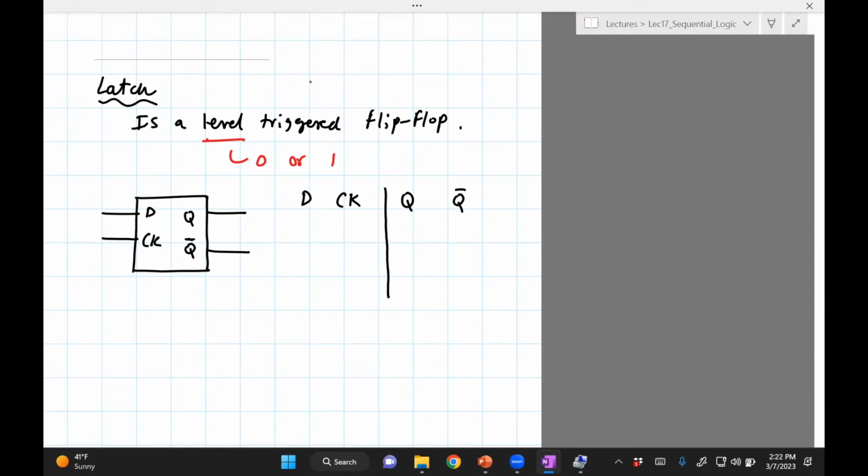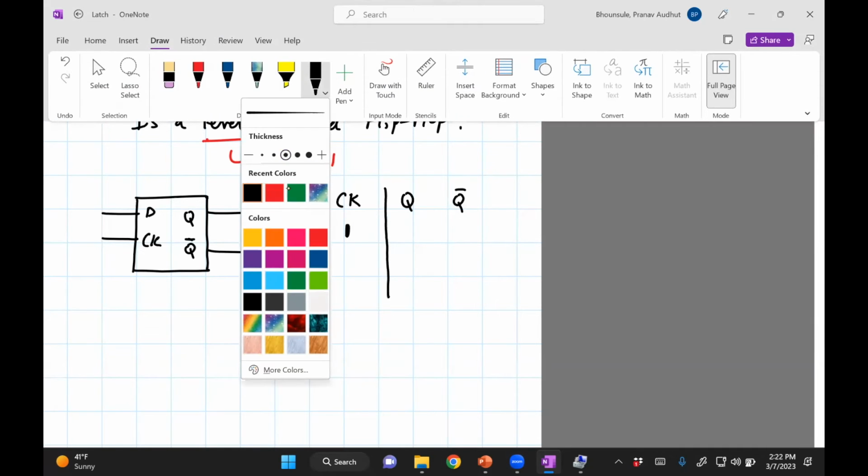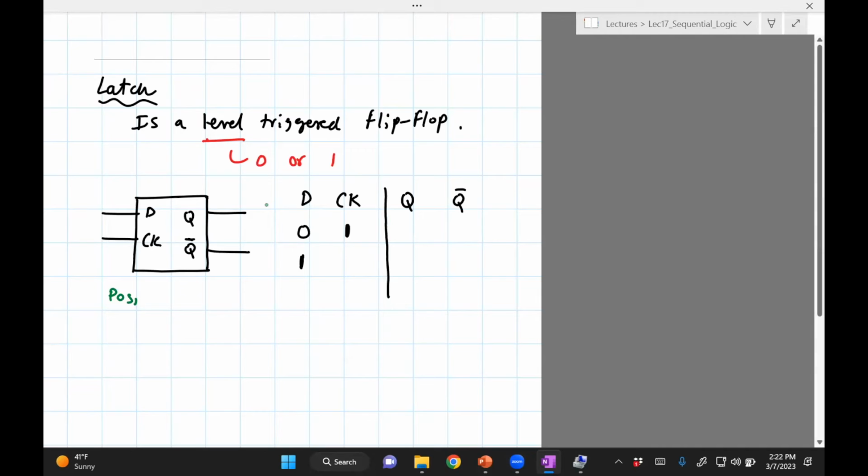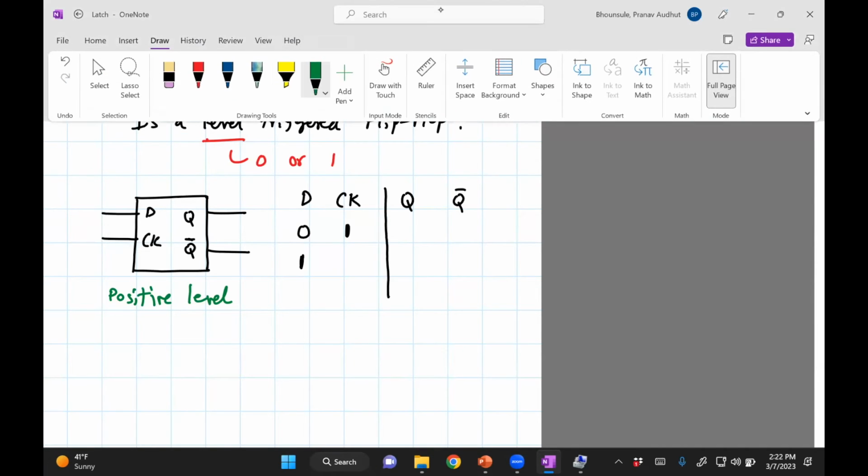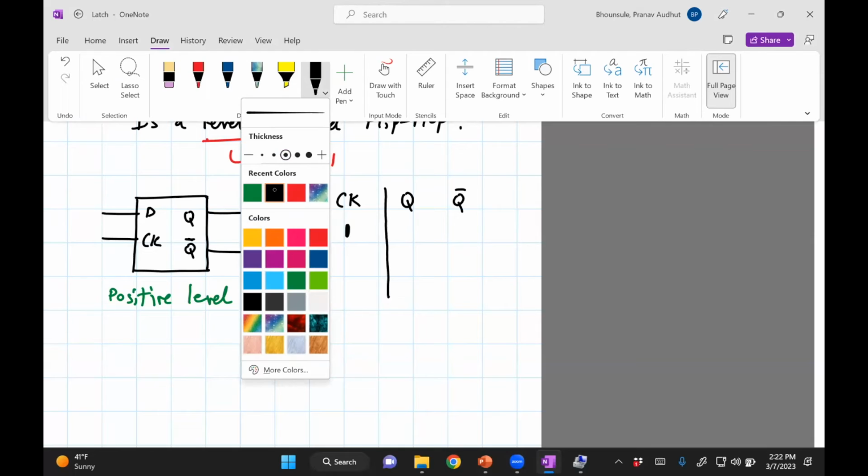Okay, so since D is an input, we only have two things, right? 0 and 1. Okay, and I said the clock can be, well, 1. By the way, I should put here, this is a positive level triggered, which is important when we interpret this.